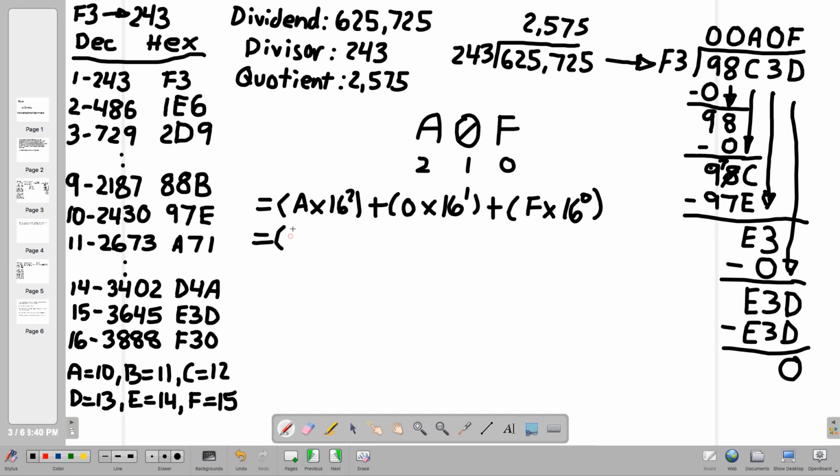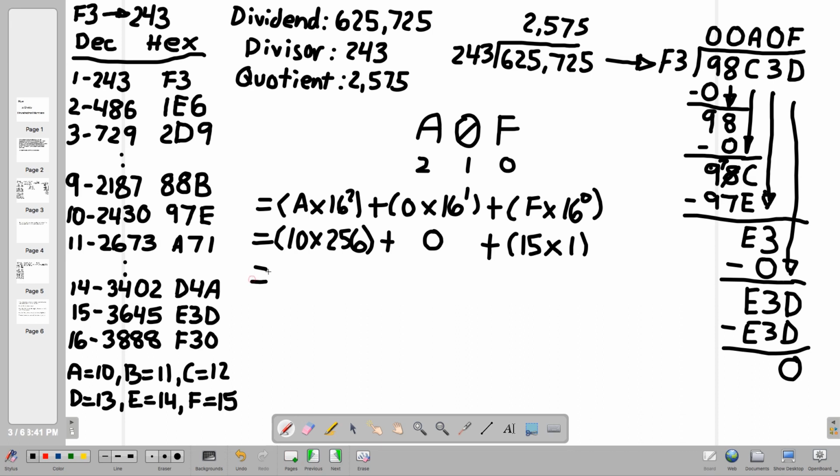And so this is the same as saying 10 times 16 to the second power, which is 256. And when we have 0 times anything, it's 0, so 0 goes there. In this computation, F is represented as 15, and anything to the 0th power is 1.